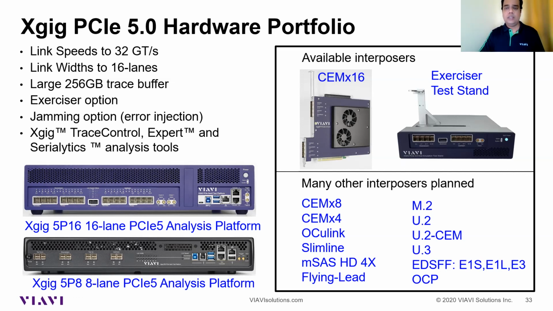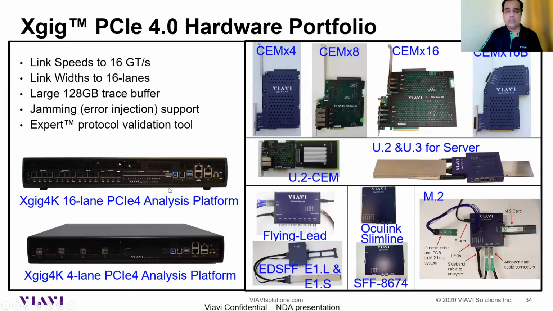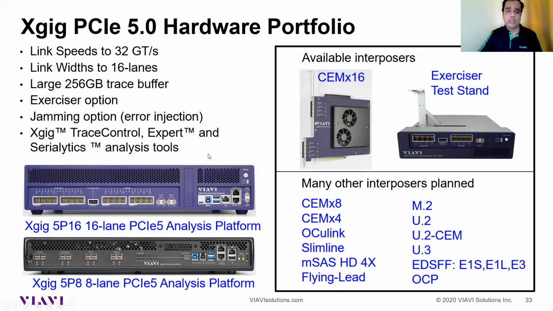On the left-hand side top, you are seeing the 16-lane 32 gig transfer protocol analysis tool, which can be used for both PCIe 5.0 and CXL 2.0 traffic analysis, traffic generation, protocol compliance, and inline error injection.